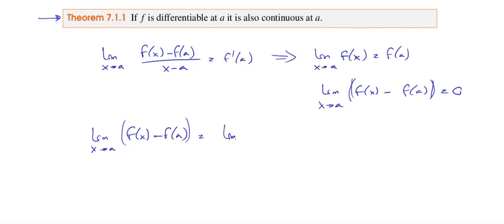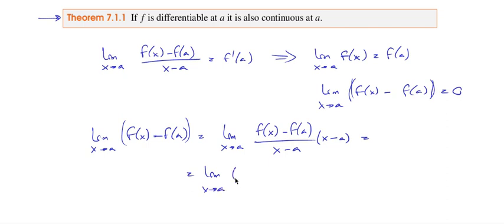So then we have the limit when x goes to a of f of x minus f of a divided by x minus a multiplied by x minus a. Now this thing exists, it's the derivative, so we can say that this is the limit when x goes to a of x minus a, that multiplies the derivative. Now the derivative is finite, and this limit is 0, right? So 0 times something that's finite is going to be 0, which is what we wanted to prove.